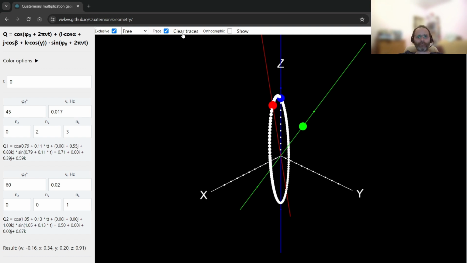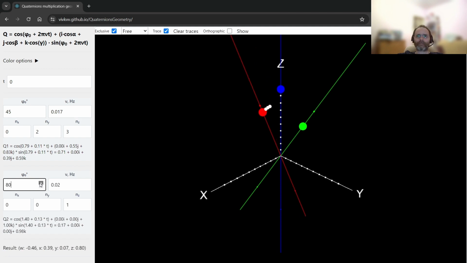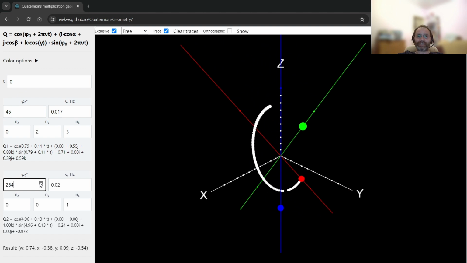Let's check. We will clear the trace and now change the second angle. And let's first look at the forming plane and then see if it really seems like this is a rotation of the original plane around the green axis.